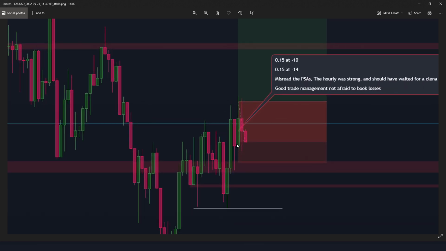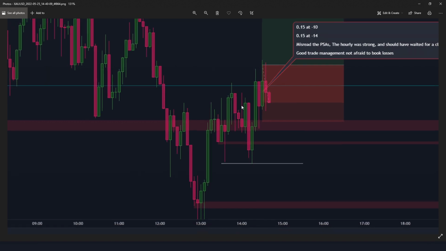The main issue was that I didn't wait for some nice candle close to enter. So I saw bullish, bearish, bullish. It was very strong, and I had a buy stop over here, and it got activated and then immediately retraced back.